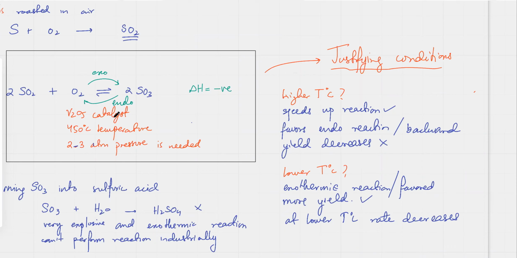Which is why you should not be using a lower temperature than 450. So 450 is like a compromise, not too high, not too low. The benefit of higher is that you get a faster reaction, but most of the reaction being favored is the backward reaction. The benefit of lower is that you get the forward reaction favored, more products would be formed, but they would form at a slower rate. So that's why you keep the temperature in the middle. Is this clear?